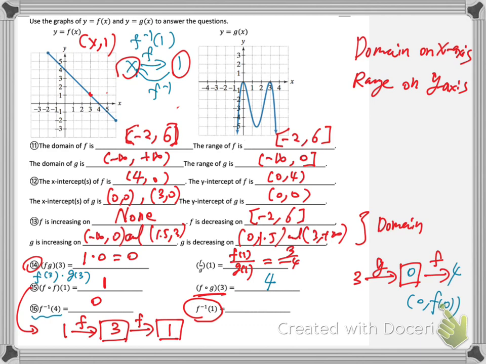This point is (x, 1), so this is (3, 1), so x is 3. So f sends 3 to 1, and f inverse sends 1 back to 3. So this is 3. F inverse is a little bit harder. Okay, that's it. That's all the review questions.